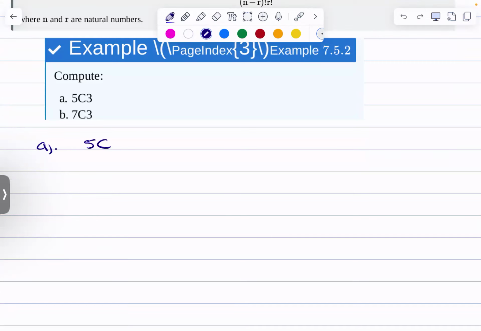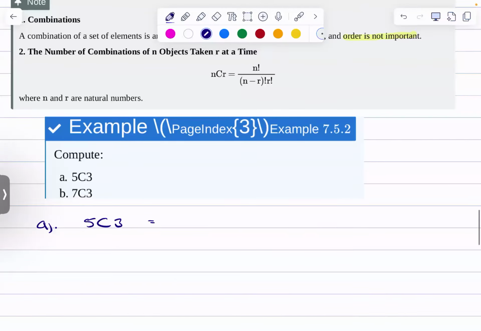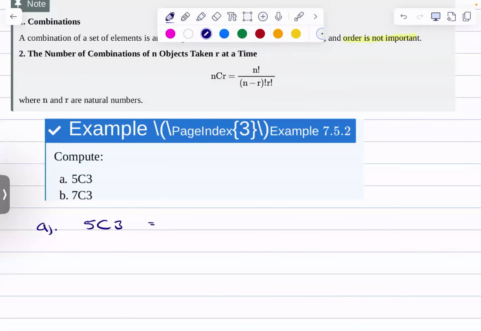So 5 choose 3: how many ways can I choose 3 things out of 5? Technically it's 5 combined into 3, but I think it's nicer to read it as choose. Sometimes we call it the choose function.